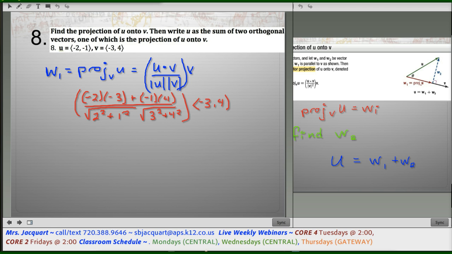Let's put those numbers nicely. So this is going to be 6 minus 4. This is 5, 16. Nope, that's 25.